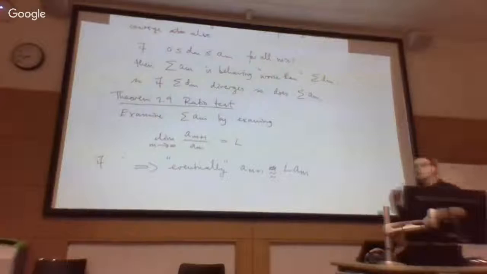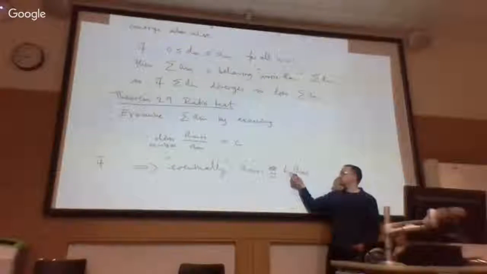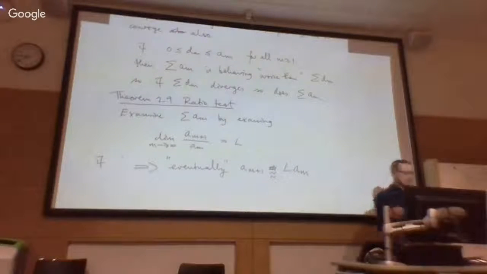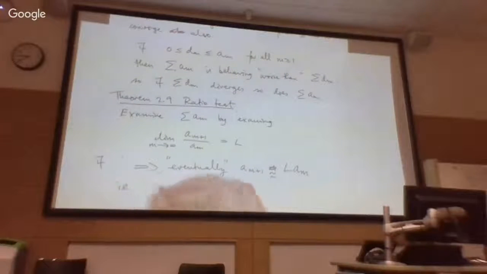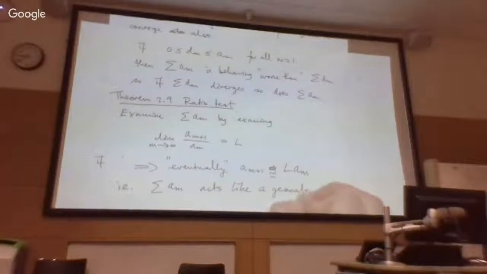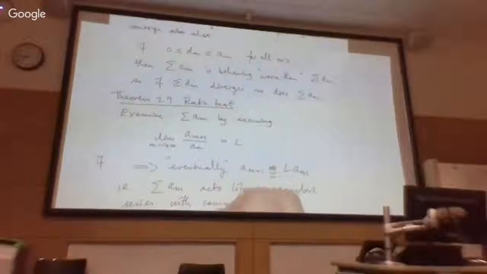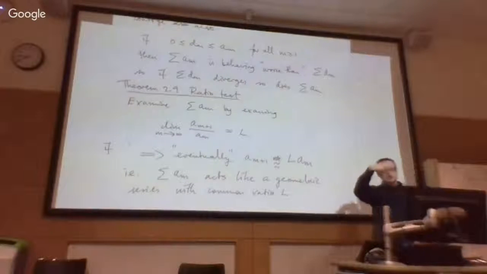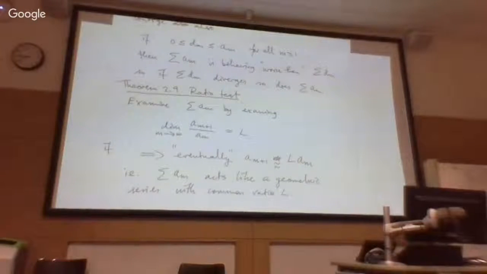Now where you've got a series where each term is some fixed multiple of the previous term, we already know about those series. Those are geometric series. I.e., the sum of a_m acts like a geometric series with common ratio L. Remember, in a geometric series, the important thing is that quantity r, where each next term is r times the previous one.